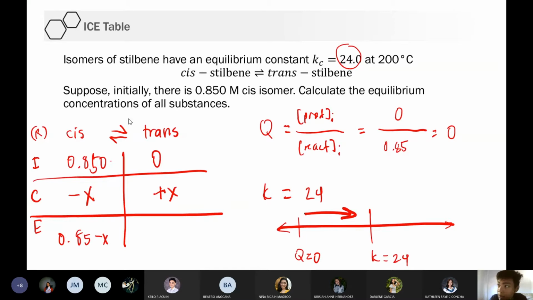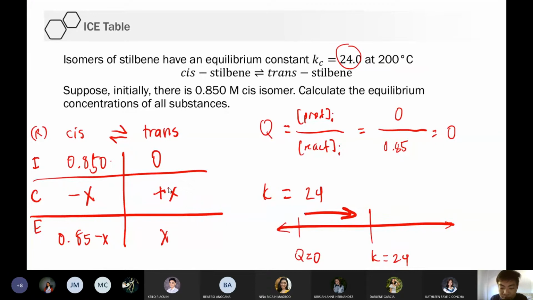And for the trans, that is 0 plus x, which is just x. At equilibrium, the concentration of cis is 0.85 minus x and the concentration of trans is x. How were we able to solve for this? You just add I and C. Add this plus this, that will give you this part, and this plus this will give you x.